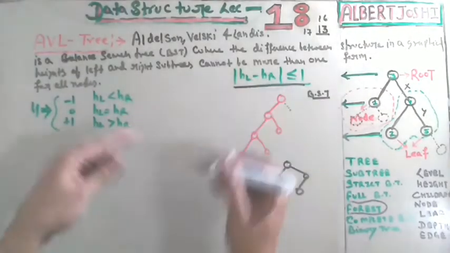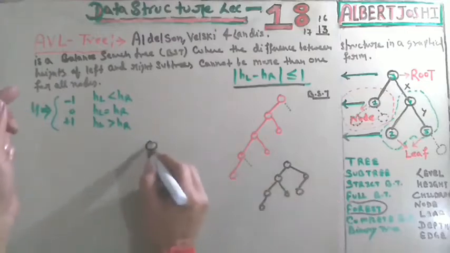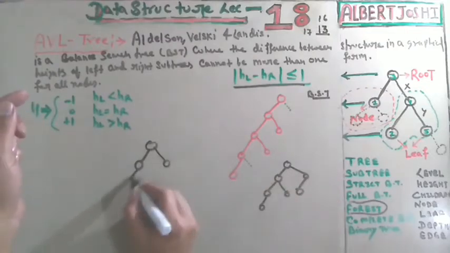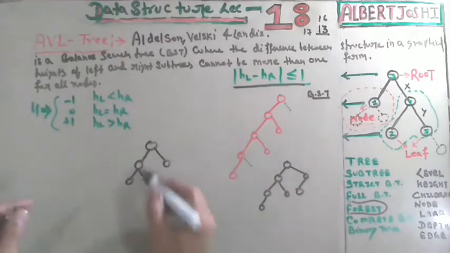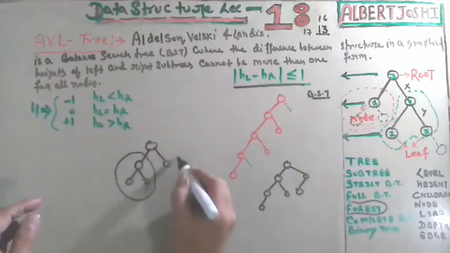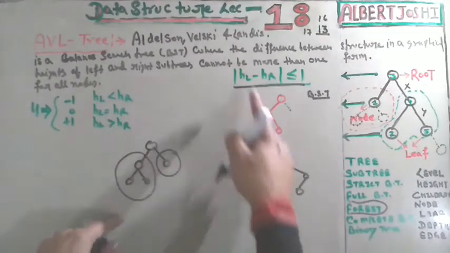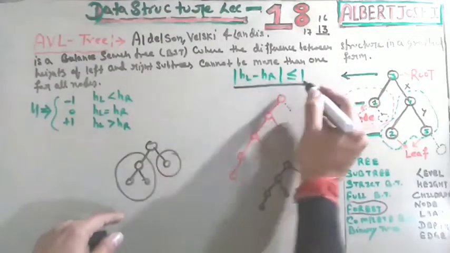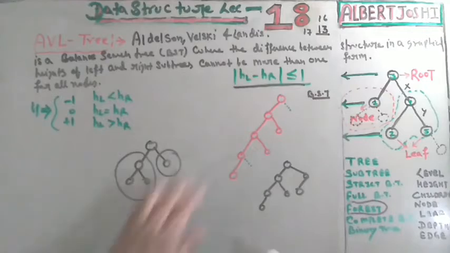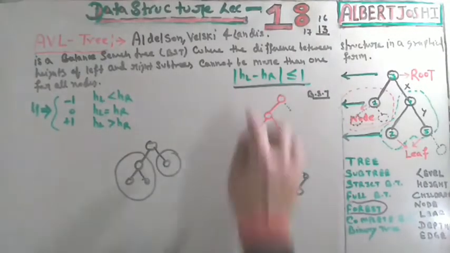Suppose you have this tree. The height of the left subtree minus the height of the right subtree, its modulus, must be less than or equal to 1 every time. How do we count the value?